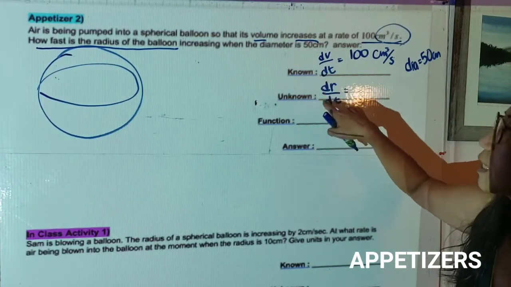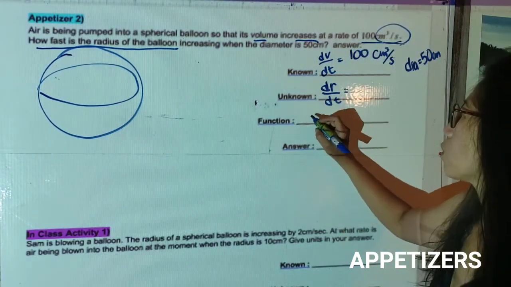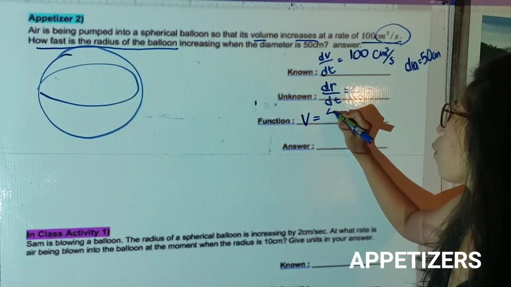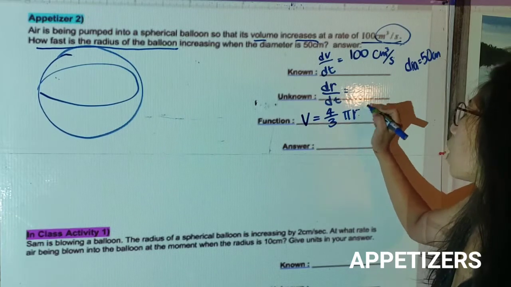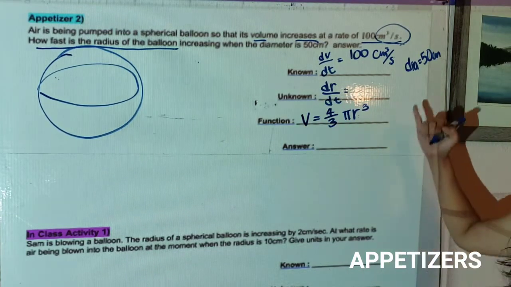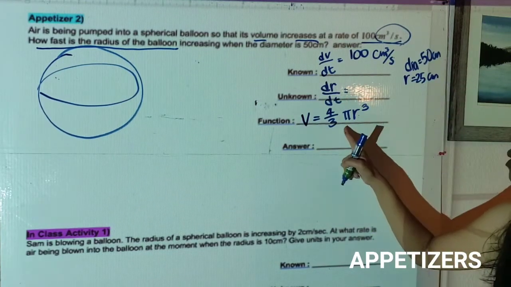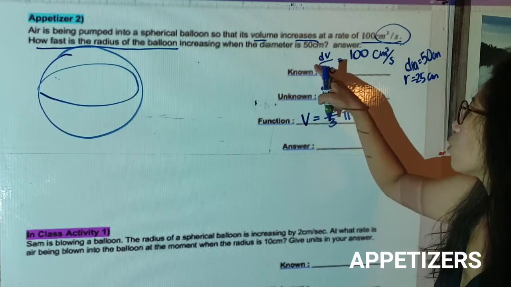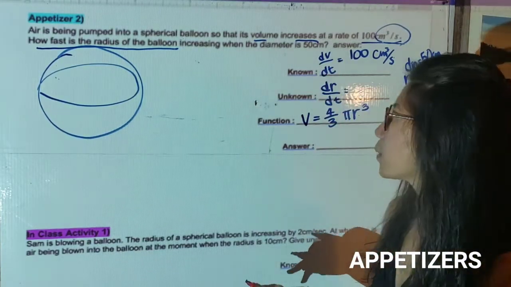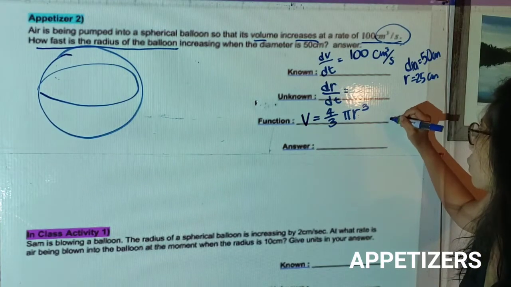So the unknown is this one. Then how are we going to connect the spherical volume between r and V? The equation is the volume equation 4 over 3 pi r cubed. Almost there. As you see, the r value I can find is 25 centimeters, and for the rest, I need to take an implicit derivative with respect to t.